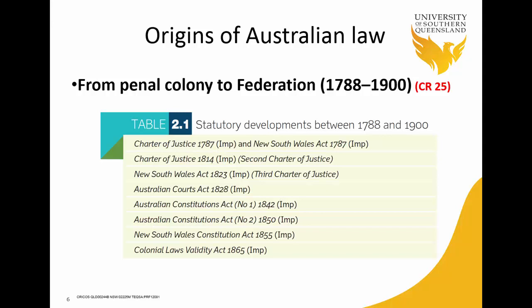So we come up now to 1855 and the New South Wales Constitution Act, which was a response to demands from the colonists for greater self-rule and for local control over taxes. So the English Parliament passed this act that established a constitution for New South Wales and provided a bicameral legislature, i.e. a parliament with two houses.